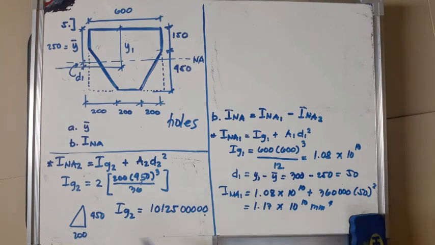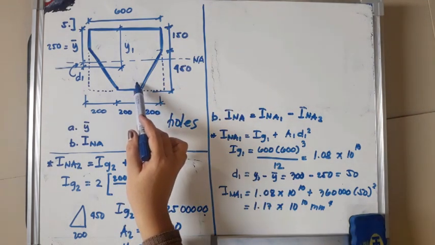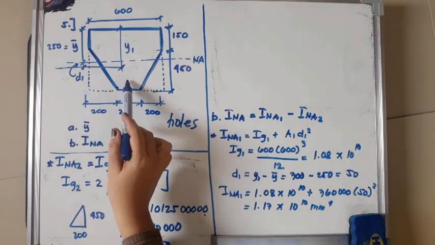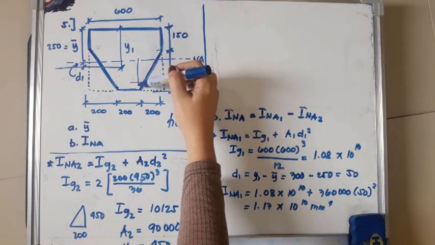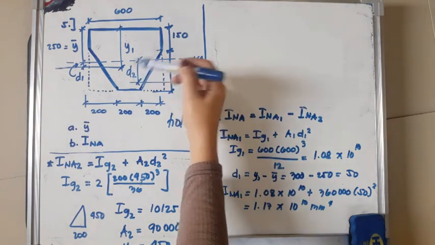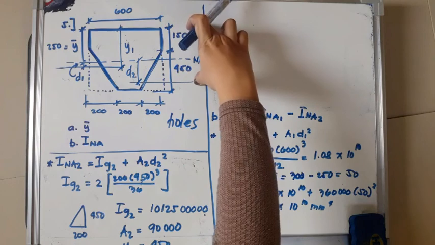Next, A2. A2 is already solved in letter A, so this is 90,000. And if you can remember, our Y2 in letter A is 450 mm. Okay, so what is D2? D2 is the distance of the centroid of this triangle with respect to the neutral axis. So that is D2. So our D2 is just this distance here.